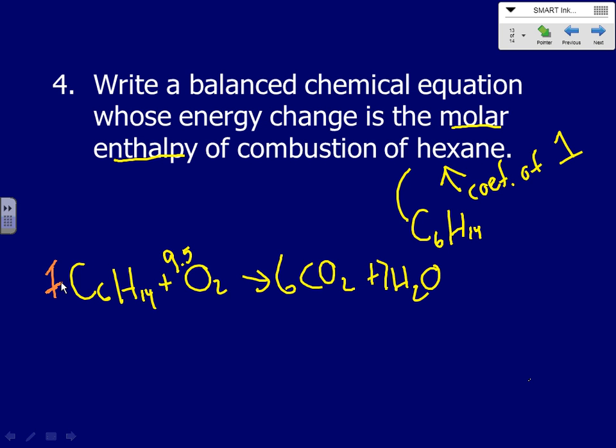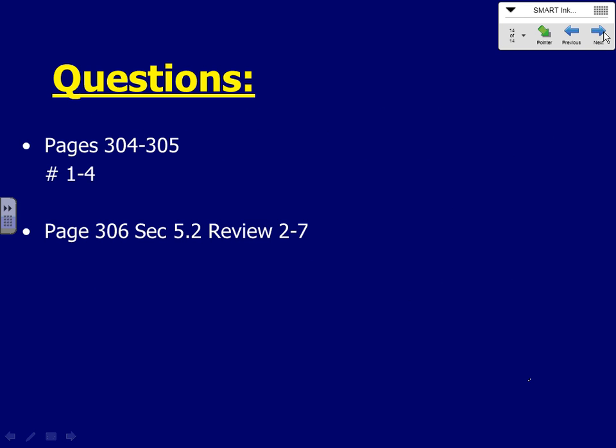We don't write it in, but there it is. And that right there is the reaction that represents the molar enthalpy for hexane. All right? So it's really just manipulating our equations. So there you have some homework that you can do to practice thermochemical equations.